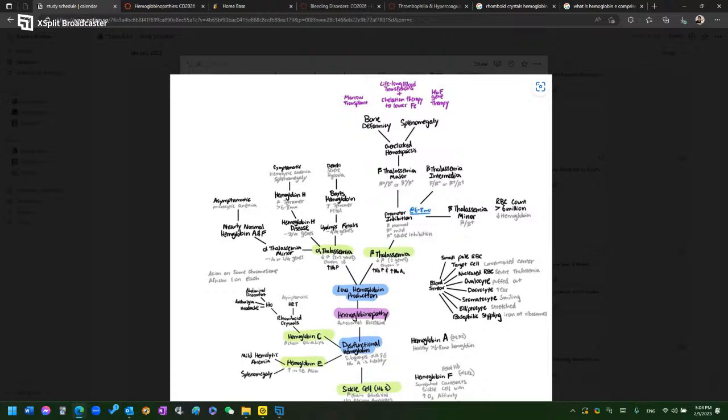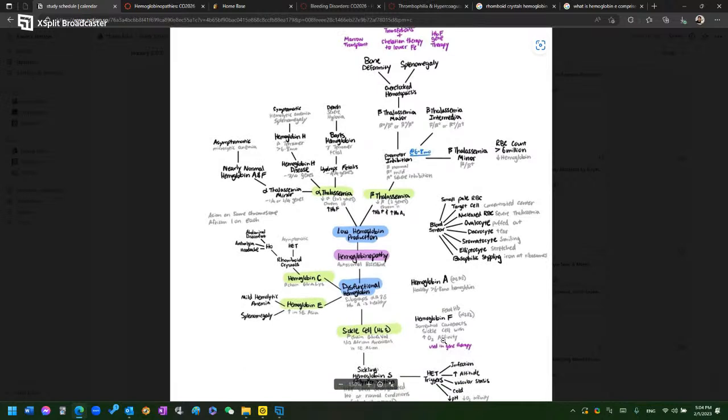If you have a very serious 4 gene deletion, you don't make it out of the fetal stage, and that's why you'll never get a chance to see hemoglobin H. You'll only see Bart's hemoglobin, which is a tetramer of gamma, because you're trying to make hemoglobin F, but you failed, right? So then you'll have the gamma instead.